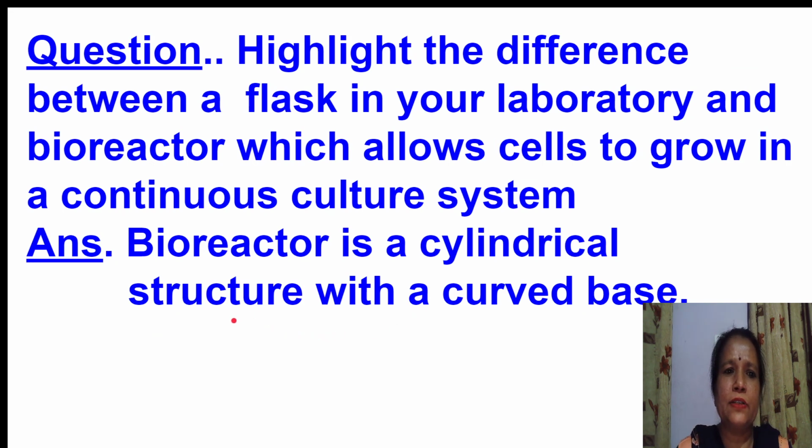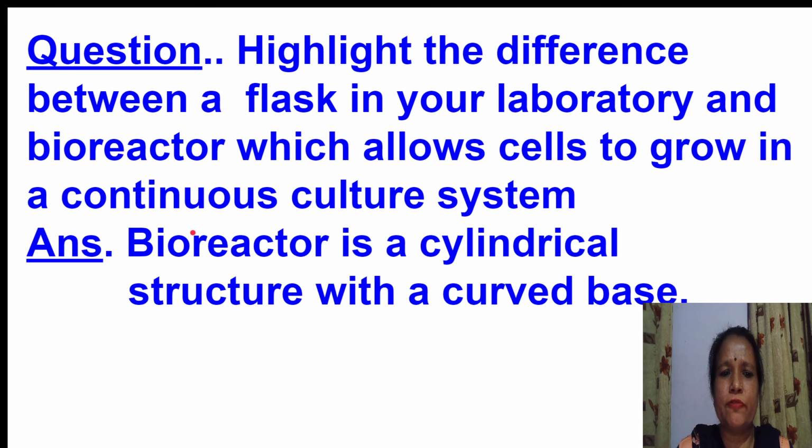Now, highlight the differences between a flask in your laboratory and a bioreactor which allows cells to grow in a continuous culture system. So, you have to tell the difference between the bioreactor and simply a flask which we use in a laboratory to produce the products.